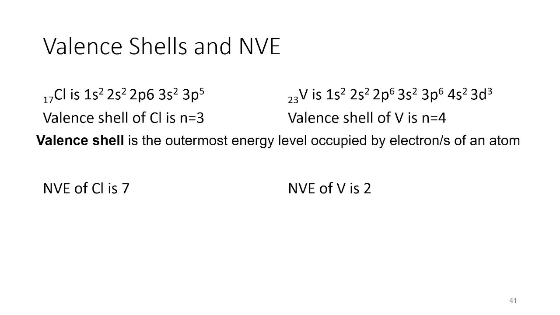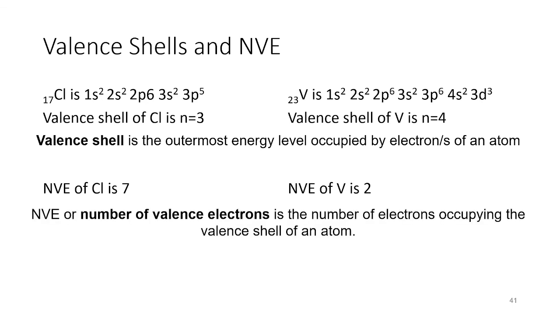So for NVE, chlorine has an NVE of 7 and vanadium has an NVE of 2. Why is that? Looking into the valence shell, NVE, or number of valence electrons, is the number of electrons occupying the valence shell of an atom. So 7 electrons are located in the third energy level of chlorine, that is 3s and 3p.